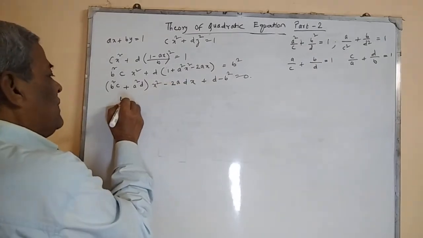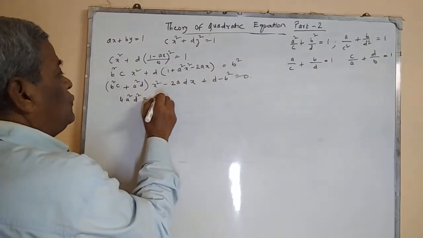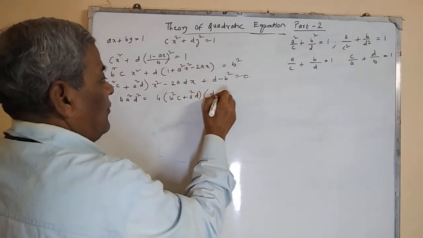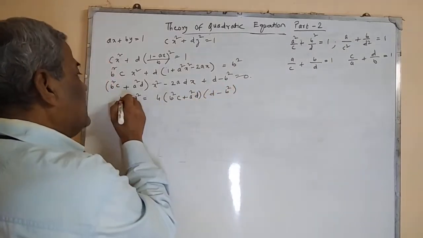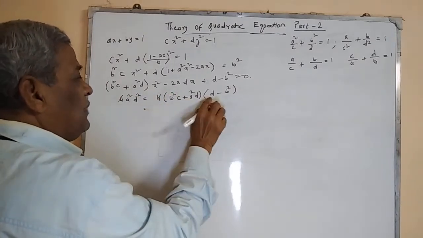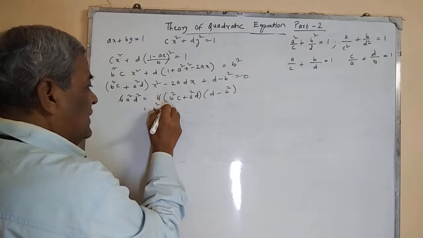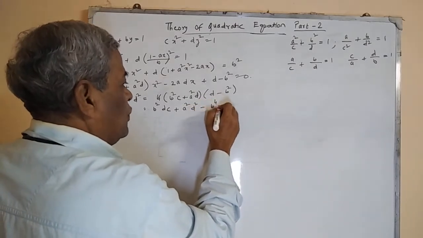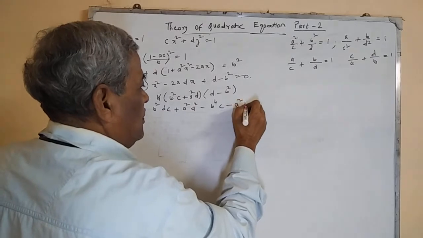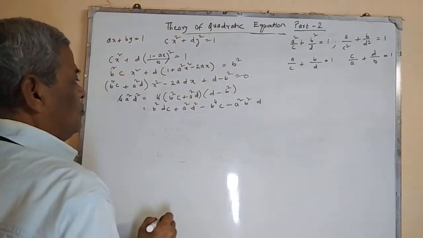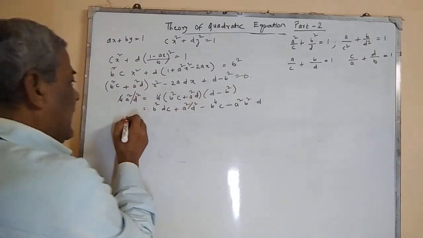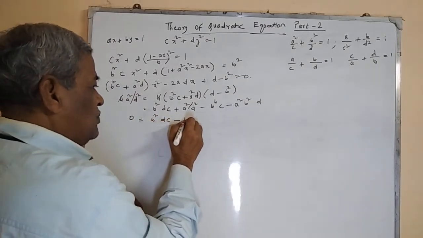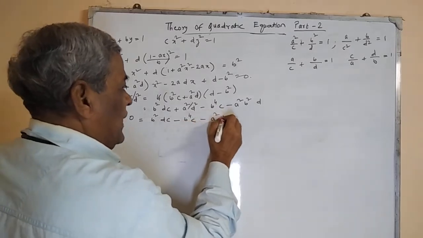That is 4 a square d square is equal to 4 times (b square c plus a square d) into (d minus b square). Now 4 cancels, so simply multiplying, a square d square cancels, we get 0 is equal to b square dc minus b to the power 4 c minus a square b square d.